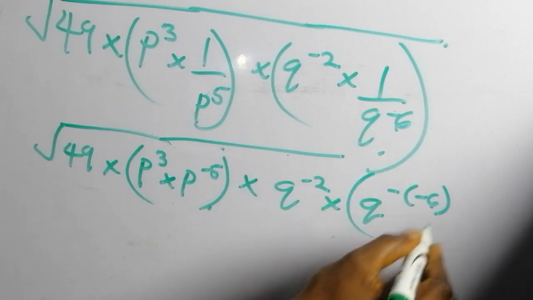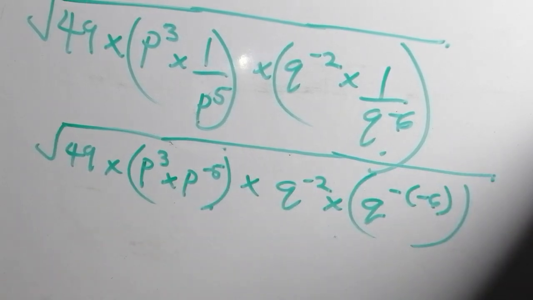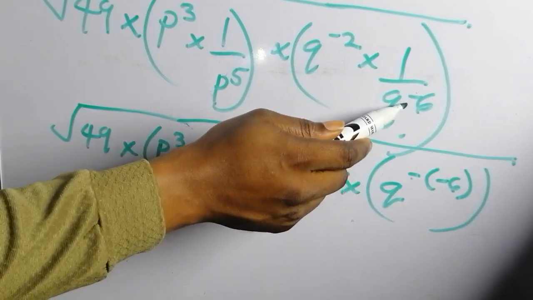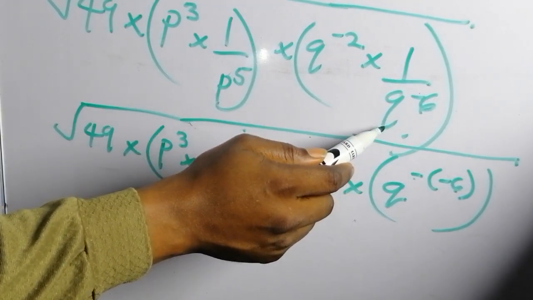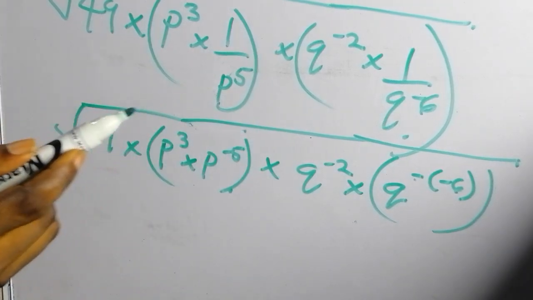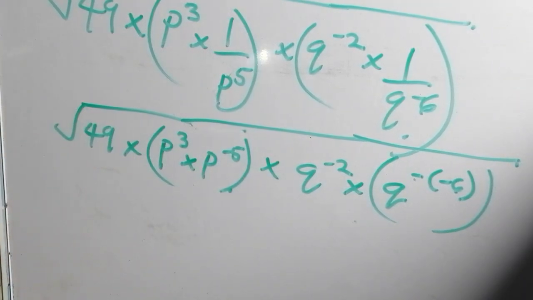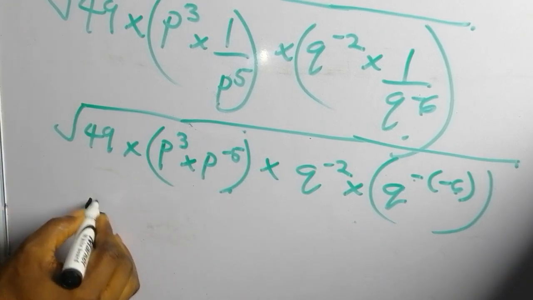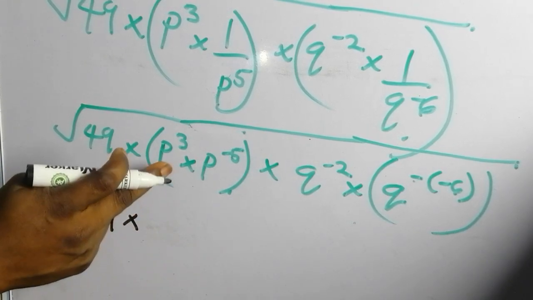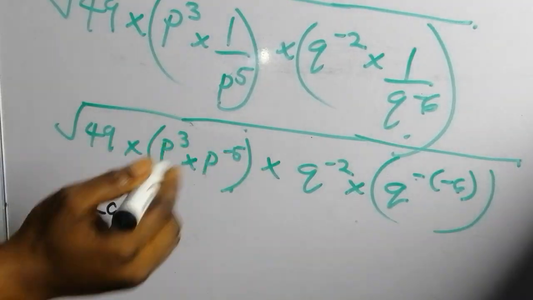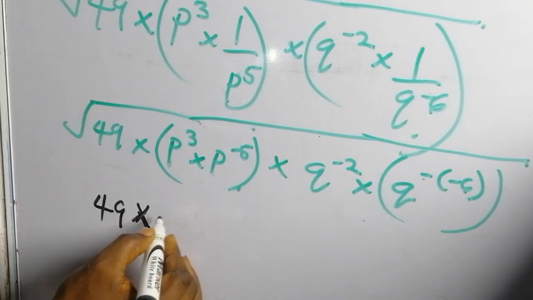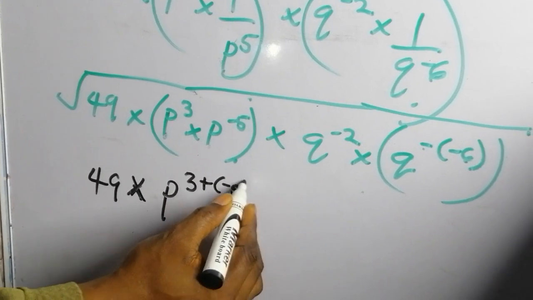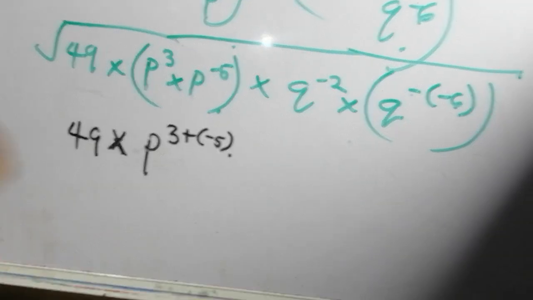Don't forget, very key, the first minus here is 1 over, and the power of this q at the denominator already had a minus. If you miss that minus, you will get a wrong answer. So this is the same thing as saying 49 times, take one base and add the powers, multiplication law, p to the power 3 plus minus 5. It's as simple as that.